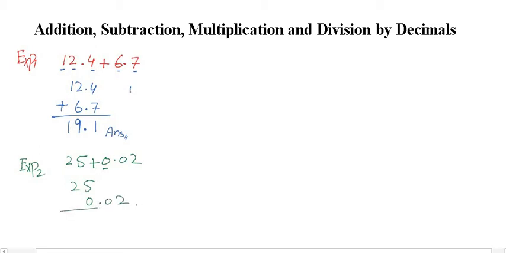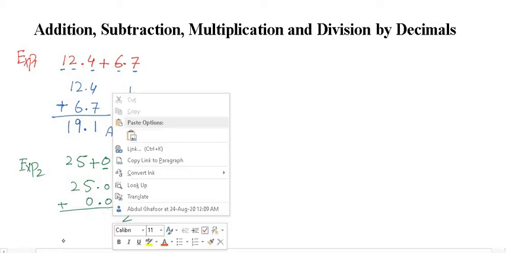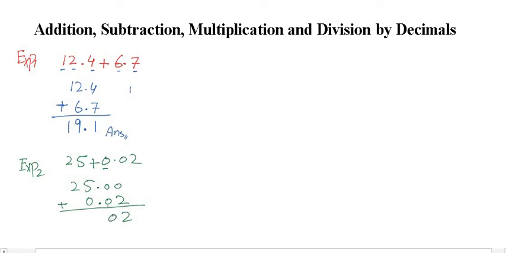Now after the decimal in the second value we have two digits, so just consider 25.00. After the decimal 0 has no value, so just add them. 0 plus 2 gives you 2, and 0 plus 0 equals 0, and the point as it is. 5 plus 0 gives you 5, and 2 as it is. So this is your answer.